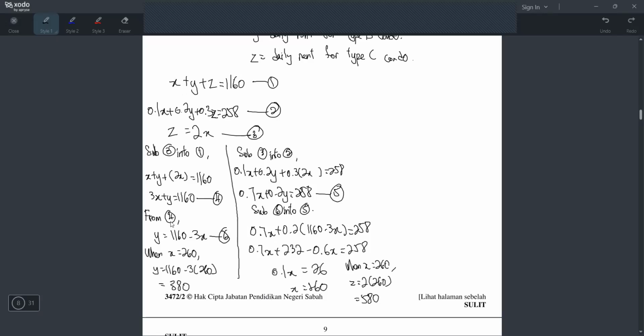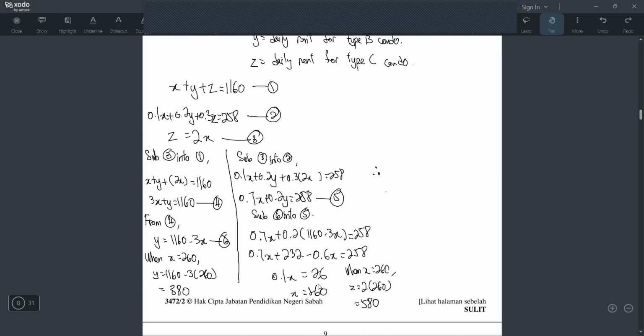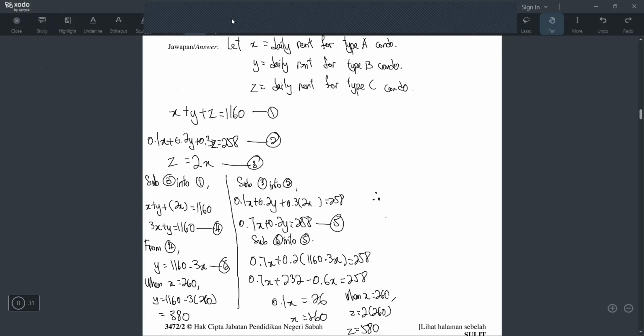Okay, after you get your x, y, z, finally you should write your final answer. Don't write like this. You will not get full marks if you write like this, because they ask you to find the daily rent for each type of condo. So if you write like this, x, y, z, actually you will not get full marks, right? So what you have to write here is, okay, what does your x represent? Daily rent, right?